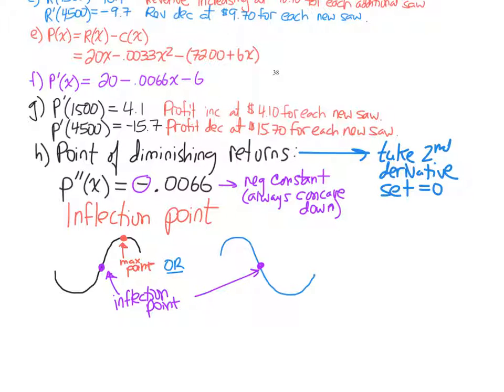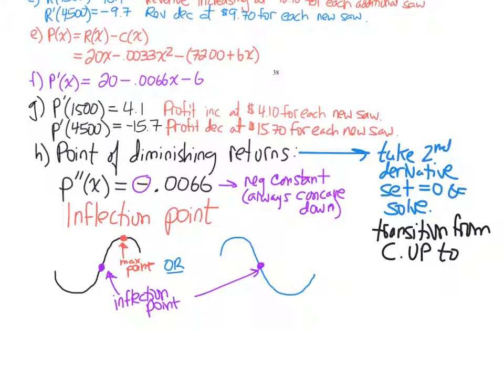Set equal to 0 and solve. All right. A point of diminishing returns only happens in the transition from concave up to concave down.